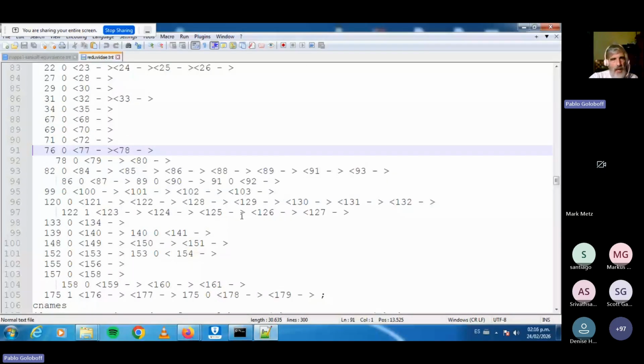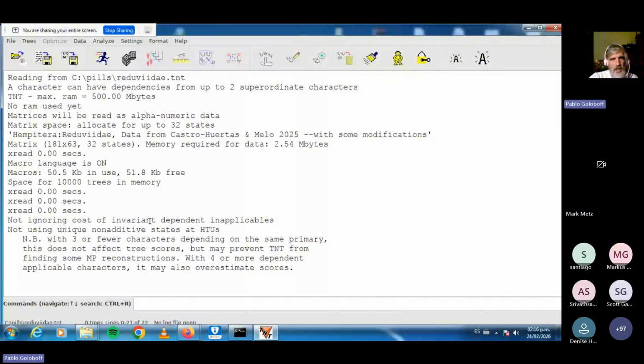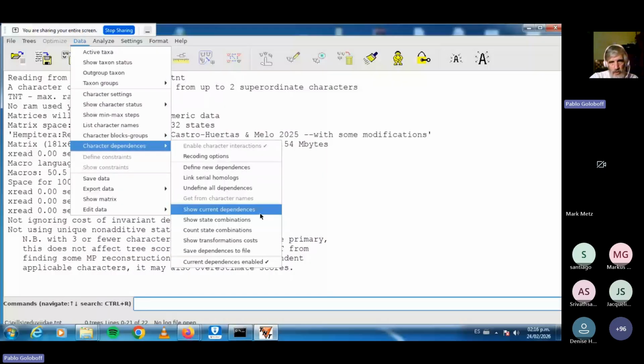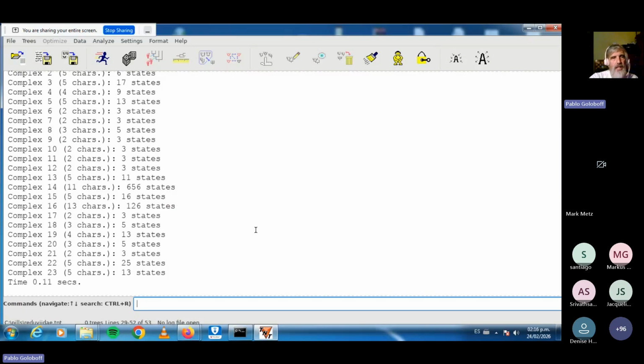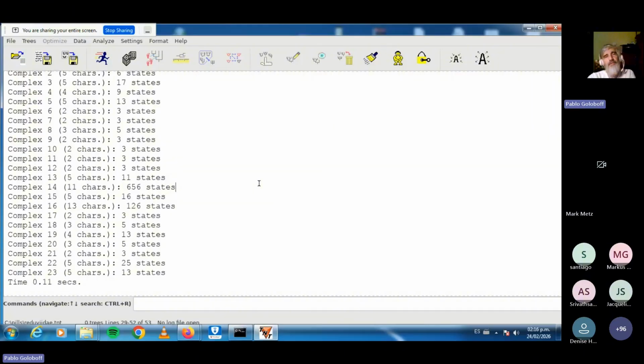So if I double click in here, now if I do data character dependencies count state combinations, right? That's simply going to tell me how many combinations I need to handle every complex. You can see that there are like 24 complexes in this case, because those are different parts of the animals, right?